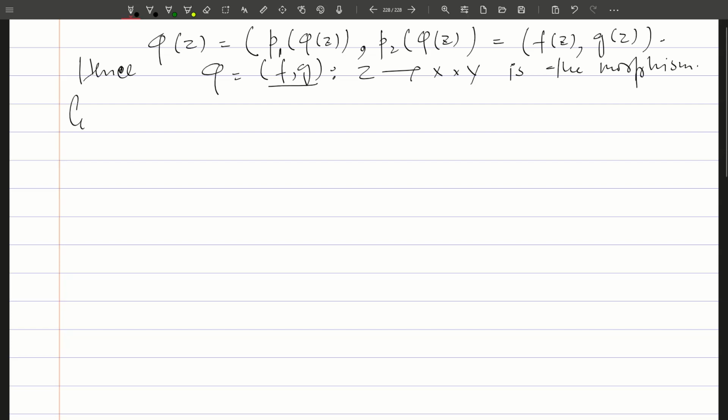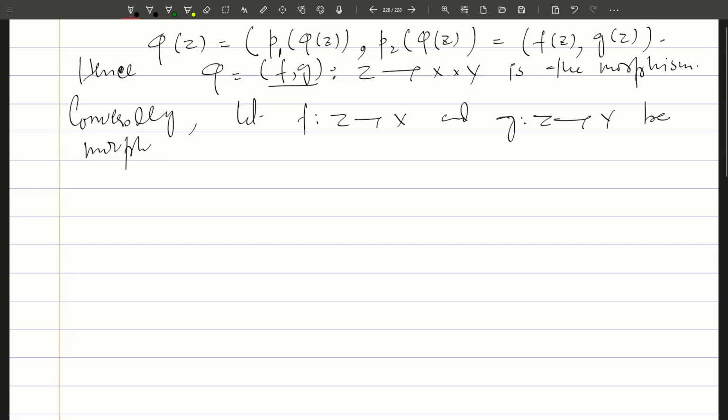Now conversely, suppose f from Z to X and g from Z to Y are morphisms.